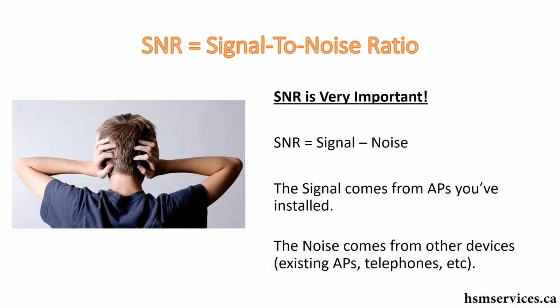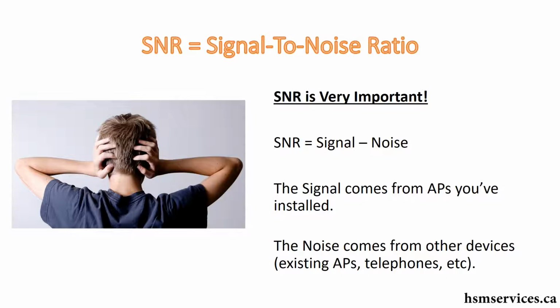One thing we need to know that's very important based on what we talked about is SNR, also known as the signal to noise ratio. We're not going to get into the mathematical equations again, but basically if you take the signal strength and subtract the strength of the noise, you get the ratio.